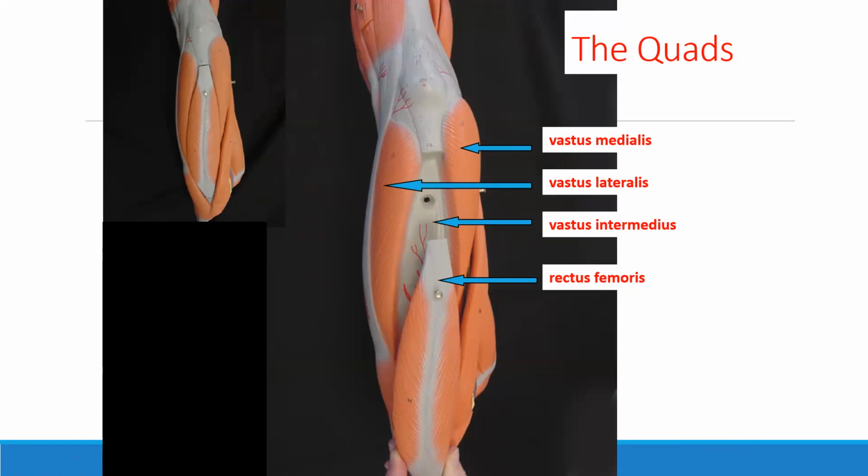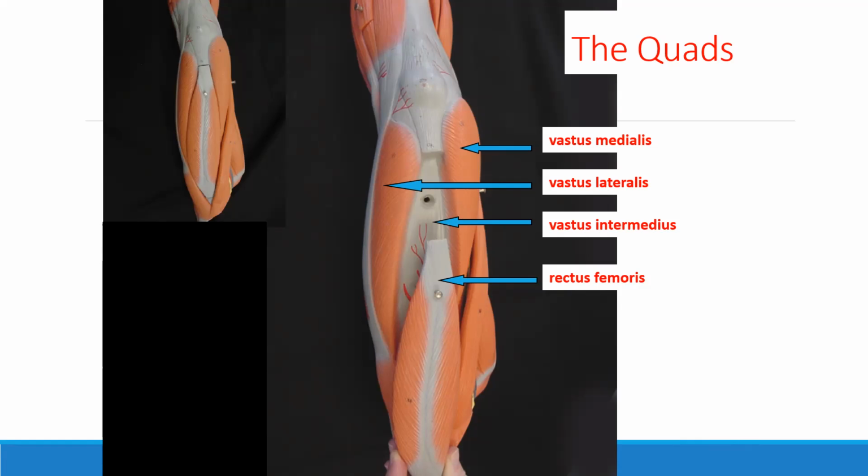Their counterpart, their antagonist, and I haven't mentioned this yet, but I need to say it now. Muscles work in antagonistic groups or pairs. One set of muscles does one thing, a counterpart does the other. The biceps is the antagonist to the triceps. The biceps flexes the arm, the triceps extends the arm. They have an antagonistic pairing.